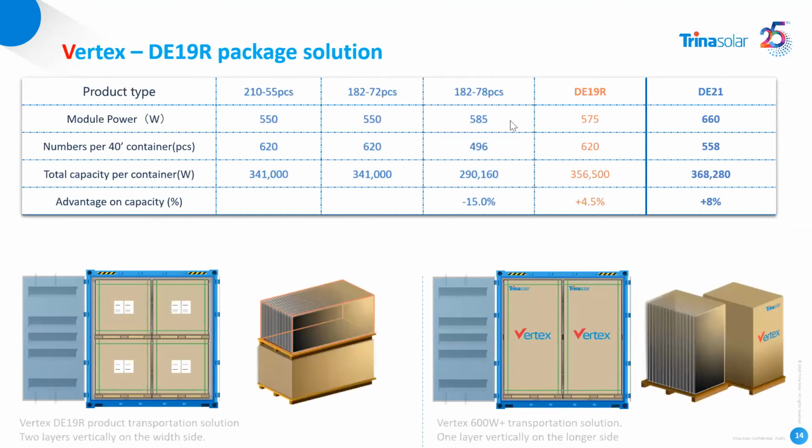and we also want to share our DE19R package solution. If you can see, we maximize this type of module to fit in a 40-foot container, and the advantage on capacity is plus 4.5%. So yes, we always say that the initial basis of installation is the dollar per watt of the material or of the supply, whether it's the module or the inverter.